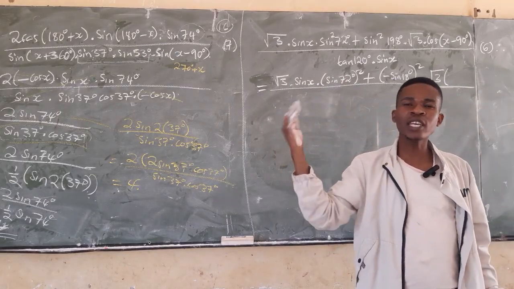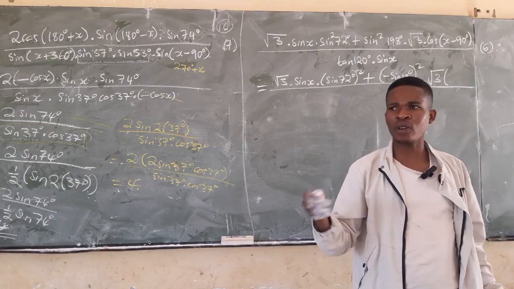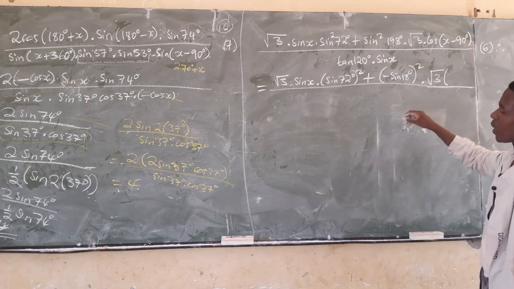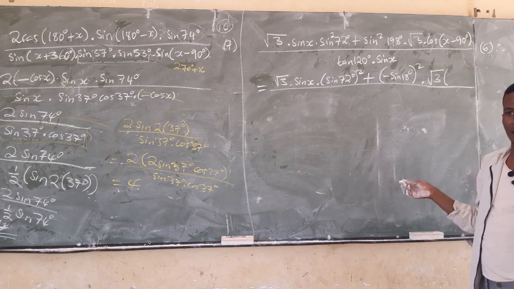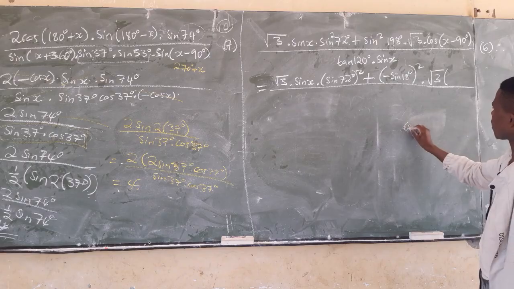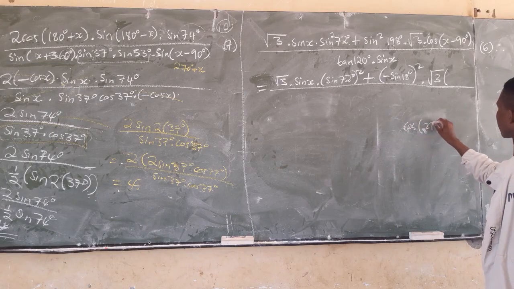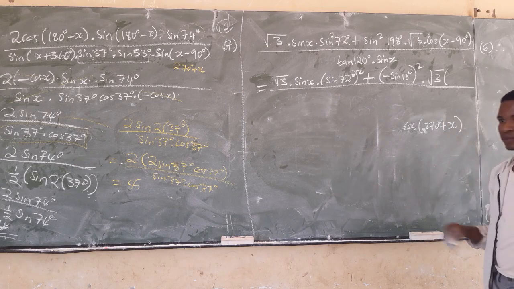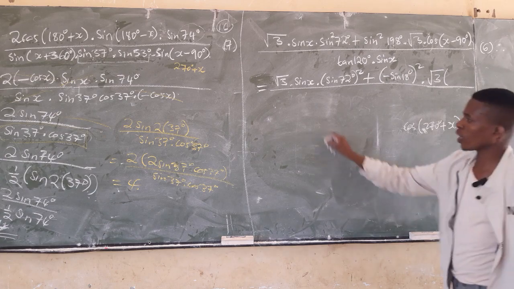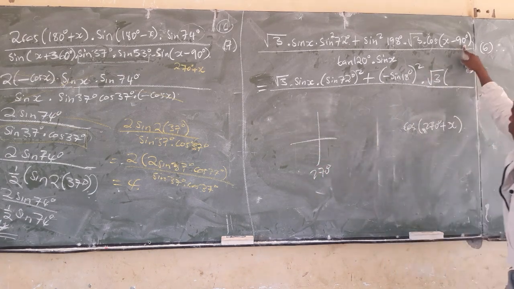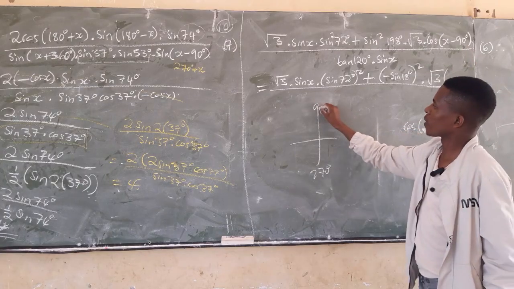Teacher's method: if it is a negative angle, you add 360 again. Then if you add 360 here, what do you have? But that's what we're trying to avoid. But let's just use it. If you add 360, cos of 270 degrees plus x. And then using our CAST diagram, we look at 270 here. But bear in mind, 270 is a multiple of 90 degrees.